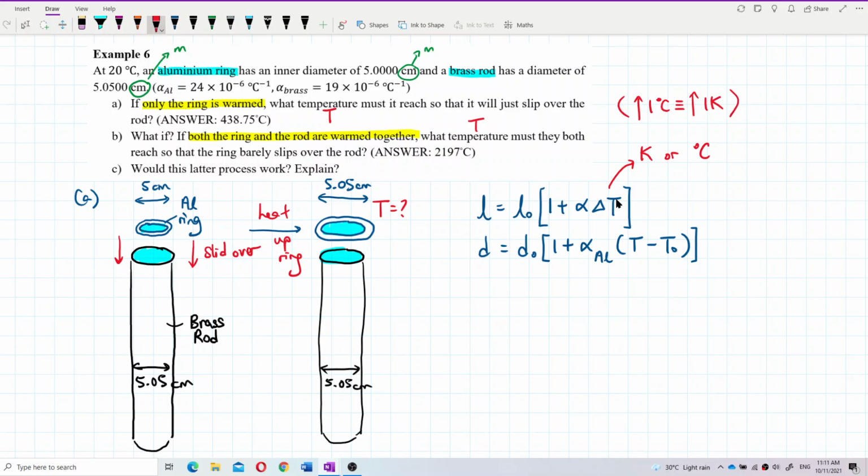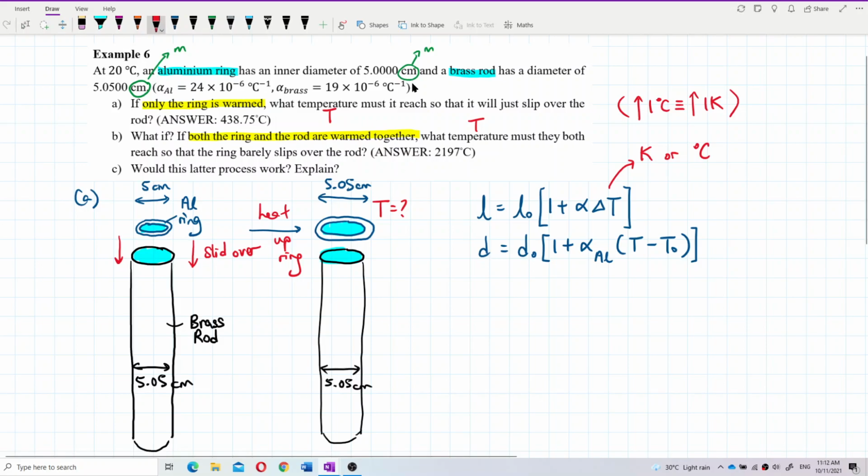Okay, but the rest you have to use SI unit, meter. So what's the diameter for this one? Better you change the diameter into meter.